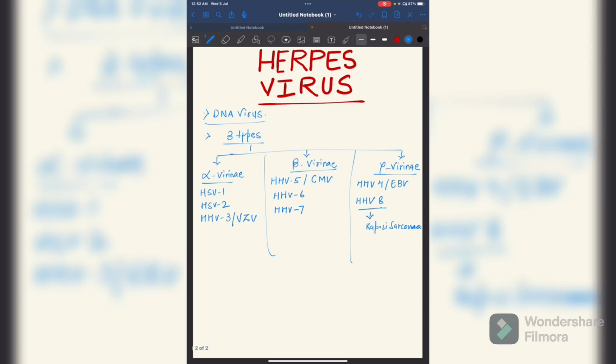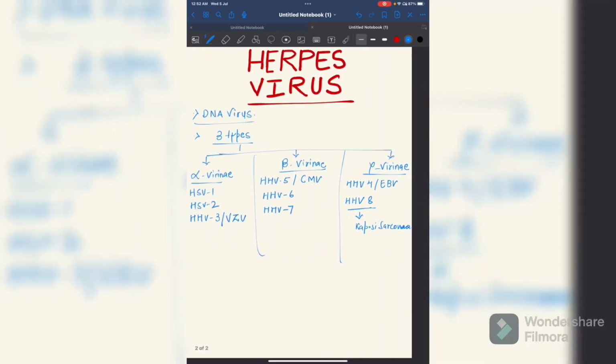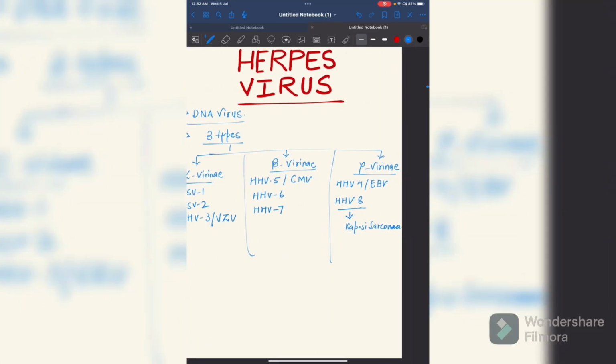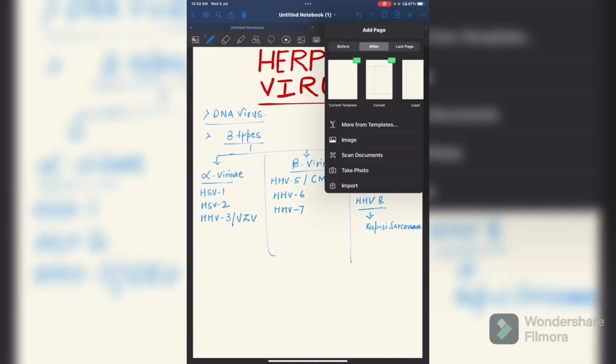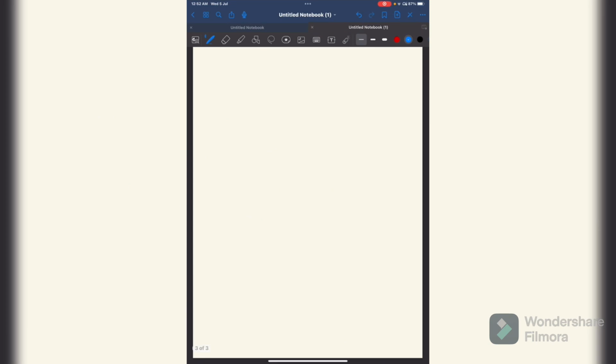Now, let's first start with the herpes simplex virus. So there are two types of herpes simplex virus, which is HSV1 and HSV2.